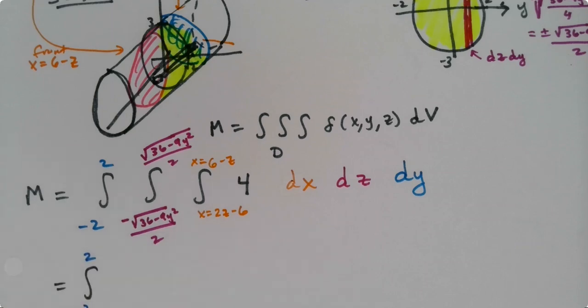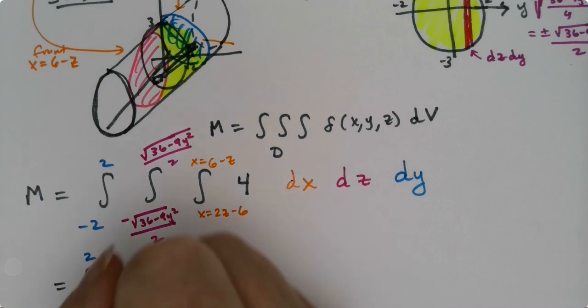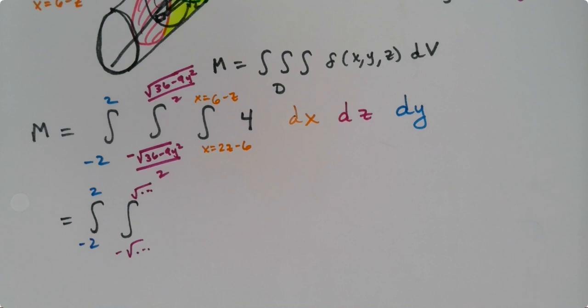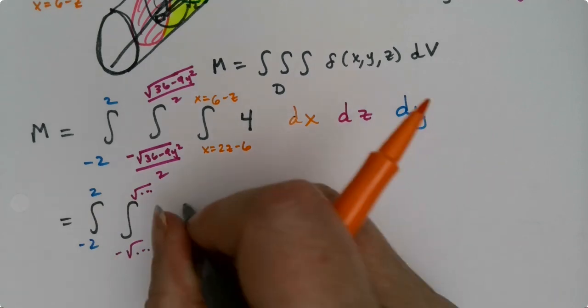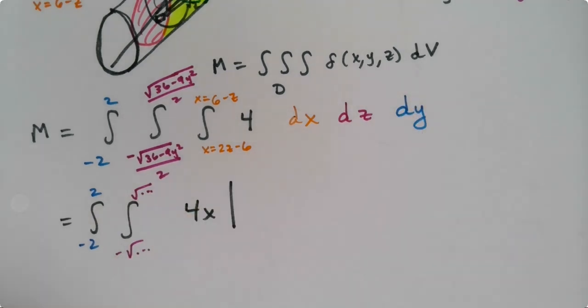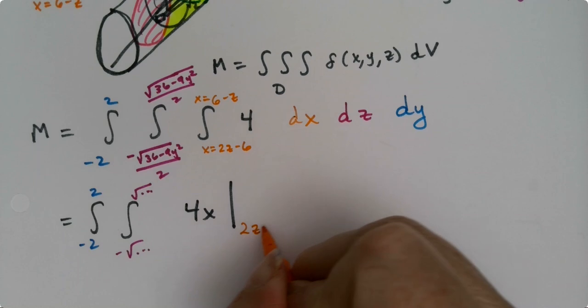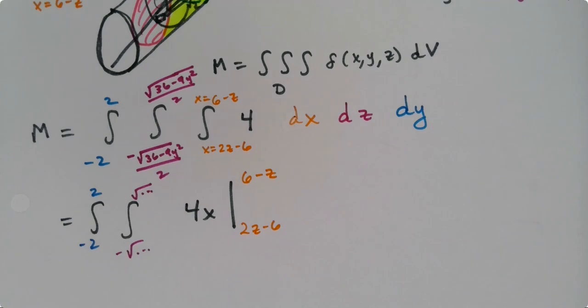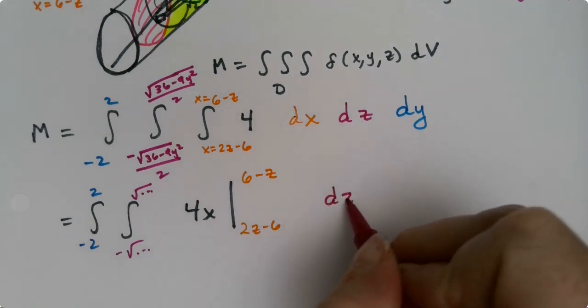And then we're going to have this integral from, I'm just going to write negative square root dot dot dot to positive square root dot dot dot. I don't want to write all of that over again. I know it's terrible. All right, and then this is 4x. And x is going to go from 2z take away 6 to 6 take away z. And then we have a dz and a dy.